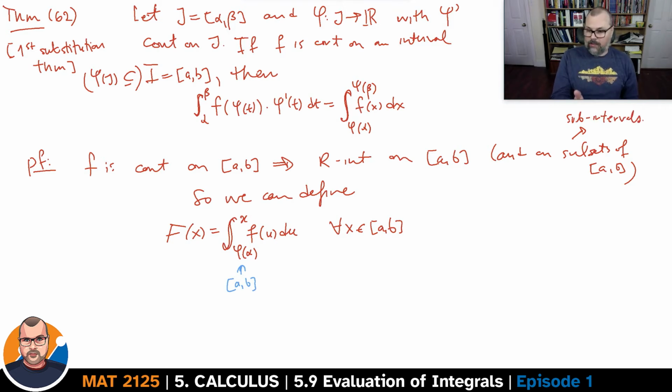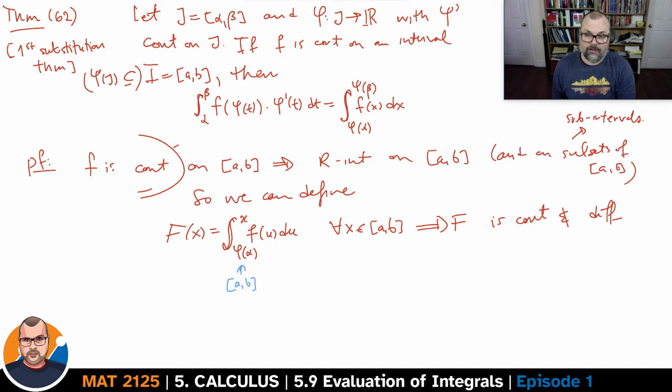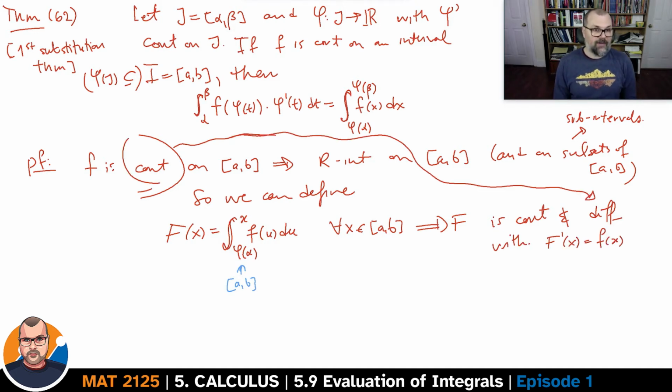Now, by the fundamental theorem of calculus, second version, F is going to be continuous. That's true no matter what, as soon as f is R integrable, and it is going to be differentiable here specifically because little f is continuous, with F prime(x) equal to little f(x). This is true for every x in the interval [a,b].